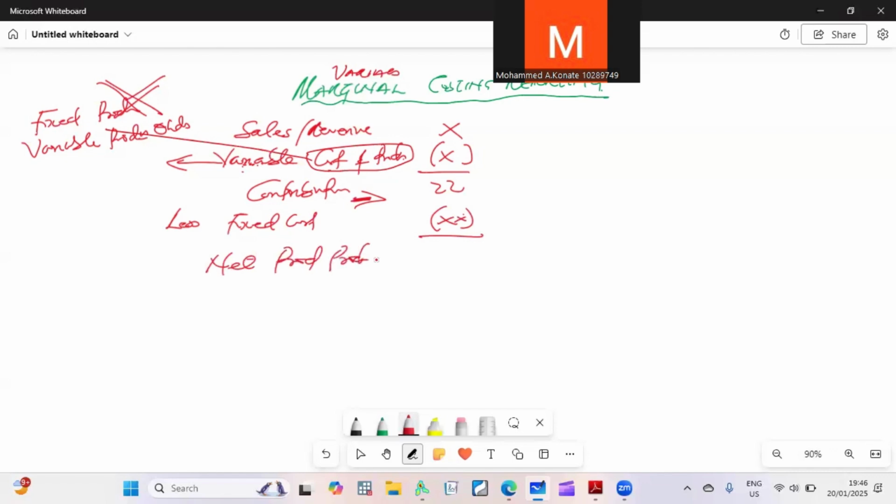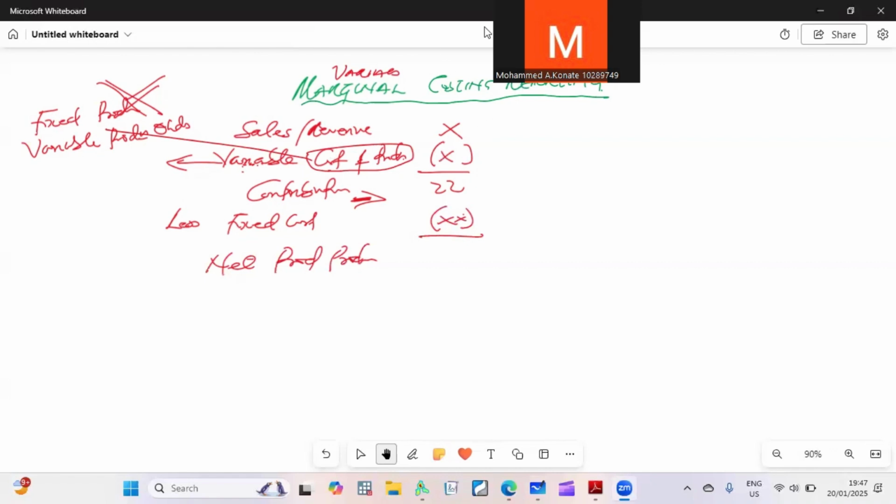In the absorption costing, when we went down, we did fixed non-production overhead, so we said minus fixed non-production overhead and variable non-production overhead. Here, we bring all the variables at the top and subtract from the sales. So far as it is variable, you bring it here and do the subtraction.